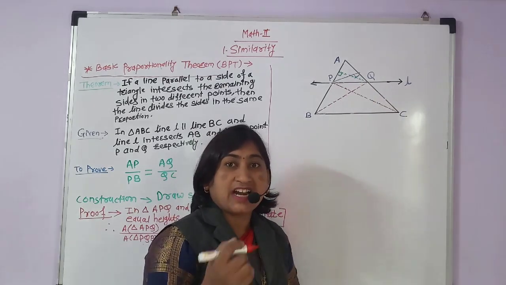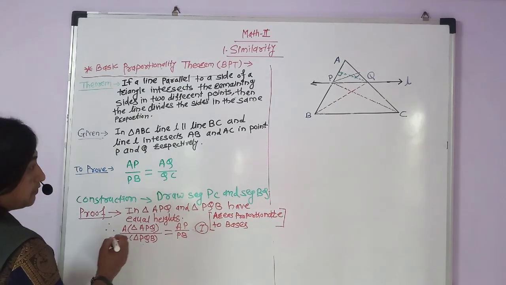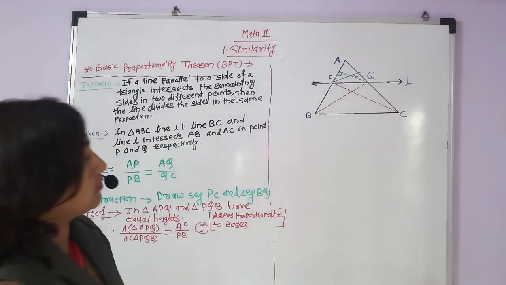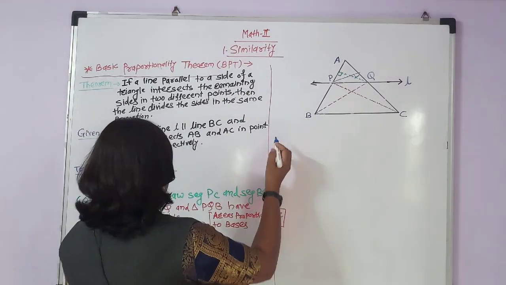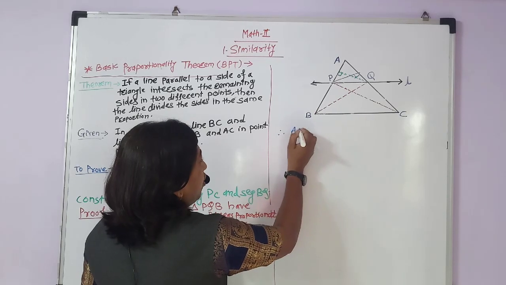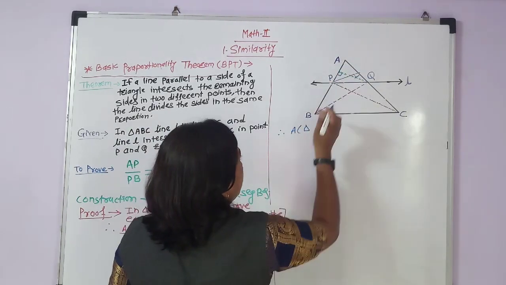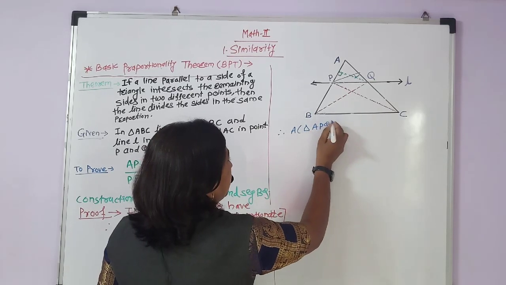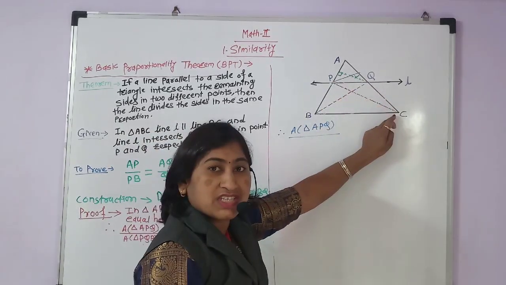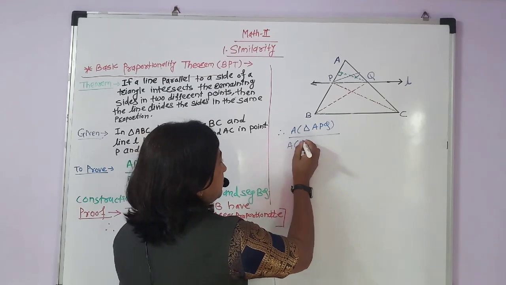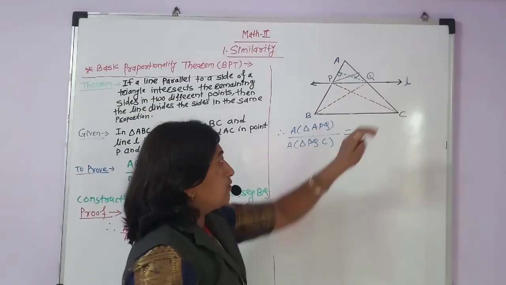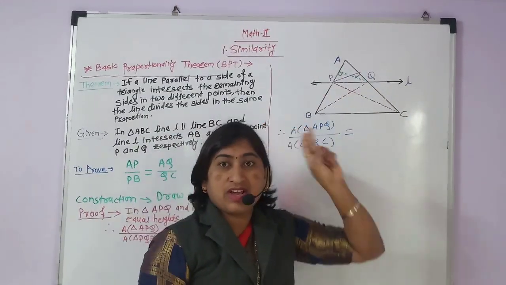So we can write here: area of triangle APQ upon area of triangle PQC, both triangles having equal height.